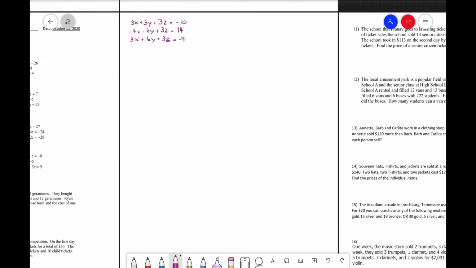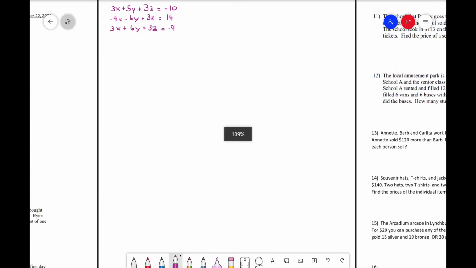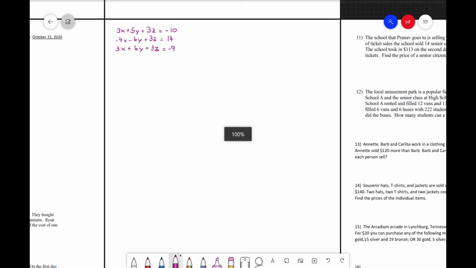So I'm going to solve this by hand, so I'm not going to use a calculator. I see that I can use elimination here. So that's what I'm going to do. I'm going to use elimination and get rid of that y variable. So negative 4x minus 6y plus 3z equals 14.